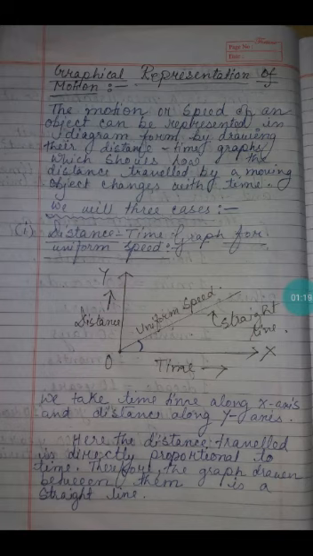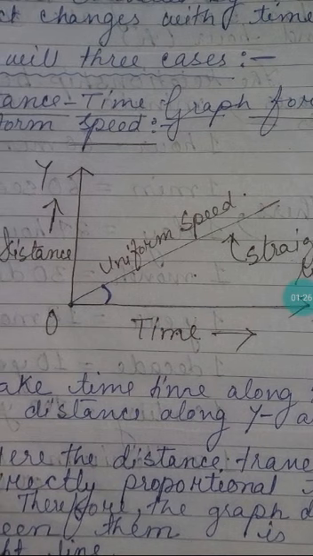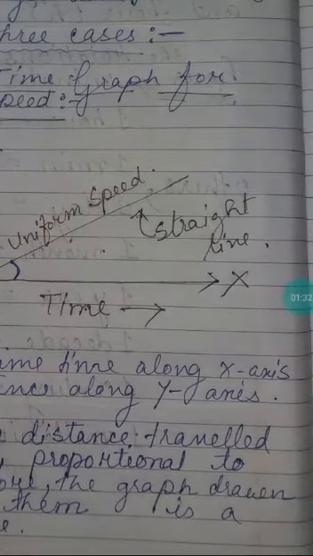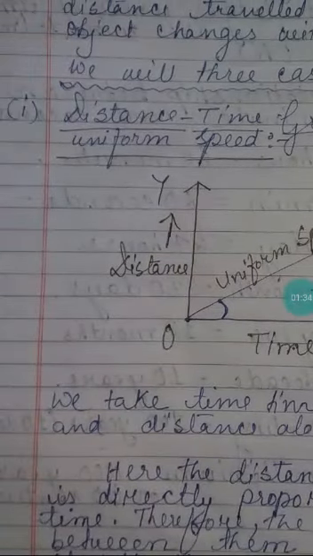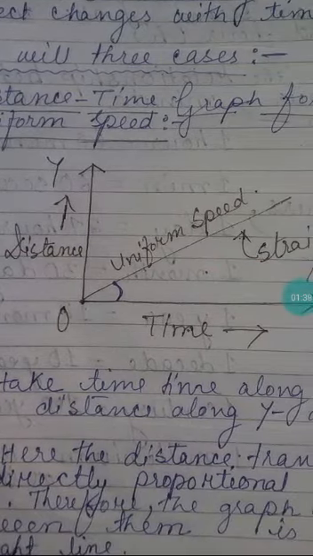Along the graph paper, the horizontal line is known as the x-axis and the vertical line is known as the y-axis. The x-axis is also known as OX and the y-axis as OY. So we will take time along the x-axis and distance along the y-axis.